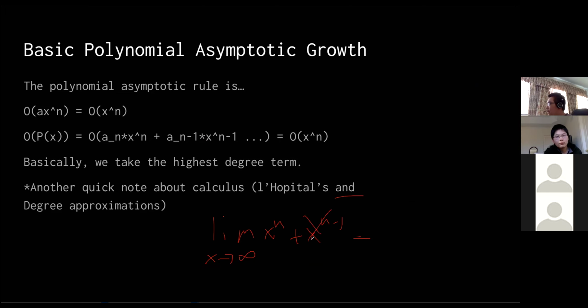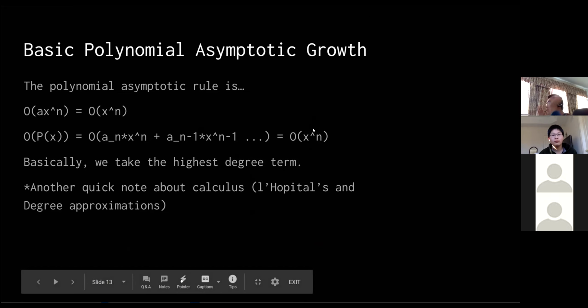The reason we do this in any indeterminate form or degree approximation is that x is incredibly big, and when we study graphing, we see that x to the n grows so much faster. Therefore, we only care about the bigger one. So we can use math to understand this, but if you don't want to, remember one thing: always keep the bigger degree term.